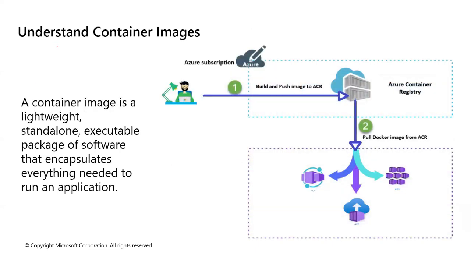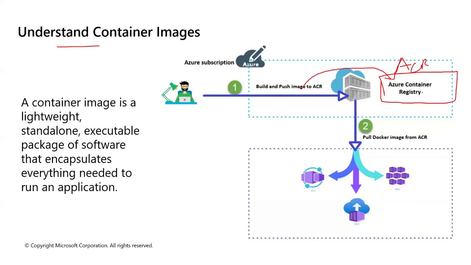So this is container images. Let's say there is something called a container registry. This is ACR. Instead of keeping images in storage or anywhere else, we use a container registry to store the images.